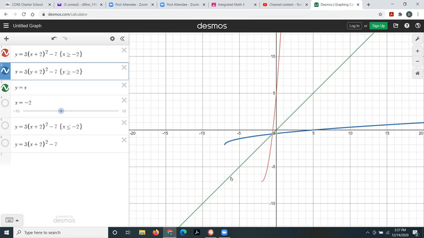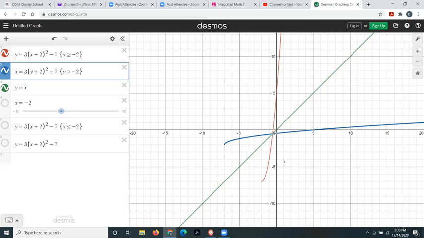I think the question that they asked me was, what's the equation of the inverse for my half graph? Well, that was y equals -2 plus the square root of (x plus 7) over 3, for y greater than or equal to -2. And then letter C says, what are the domain and range for the inverse function?